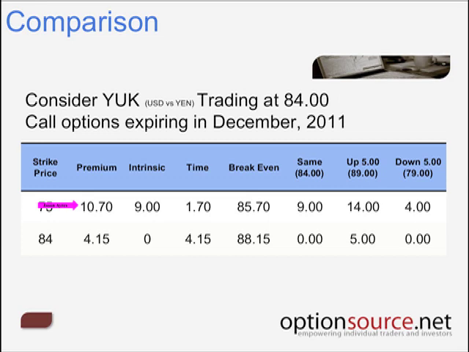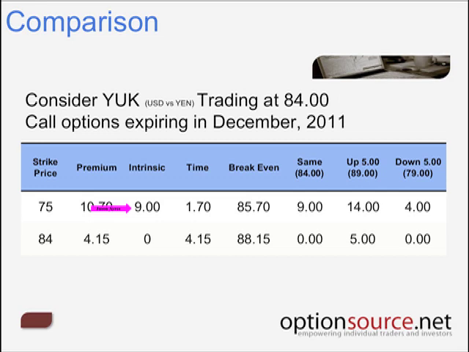What I want to show here is that the premium we're paying for the deep in the money option contract is definitely higher than for the at the money option contract. So here we're putting up $10.70 for our in the money versus $4.15 for our at the money. But a very important consideration is that $9 of that is being put towards intrinsic value.